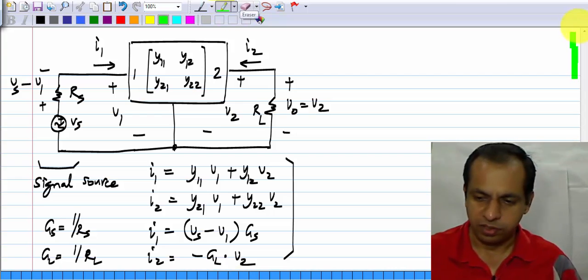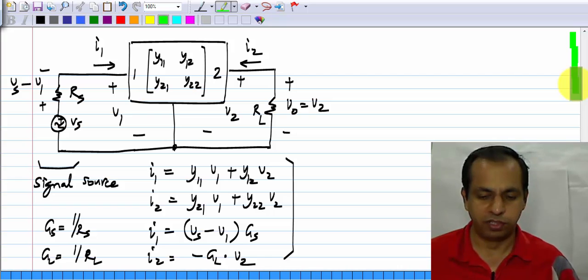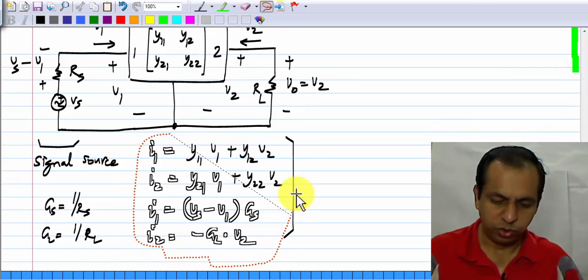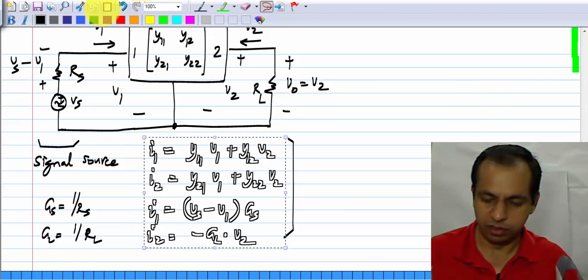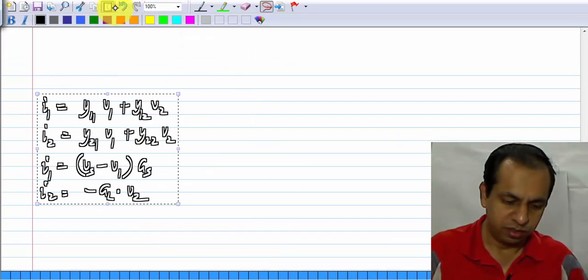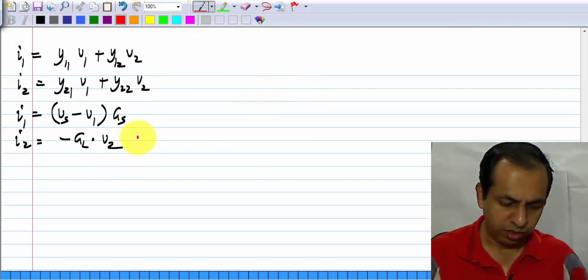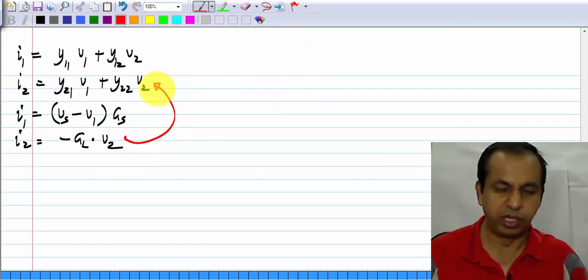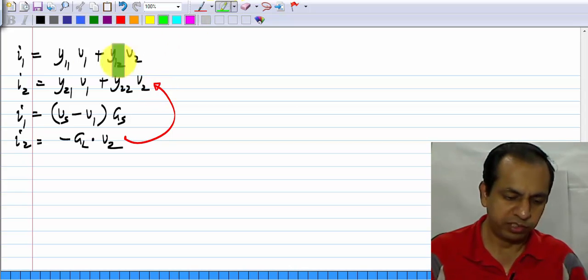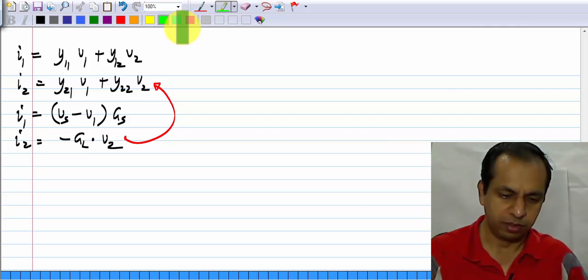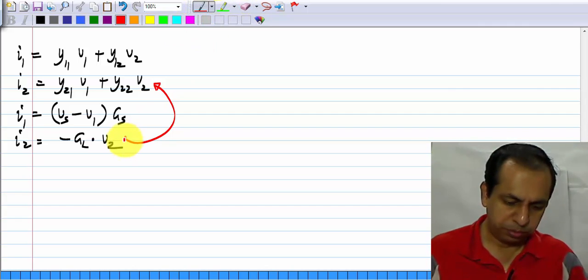I hope you are able to solve for it yourselves. It's a simple system of linear equations. So let's see. I won't show every step of the calculation, but show you how it is done. First of all, you can substitute this into that. Okay. From these things we have to eliminate I1, I2 and V1. Okay.